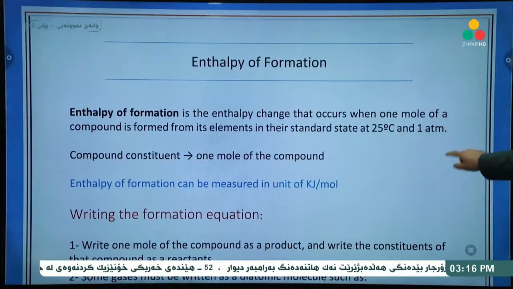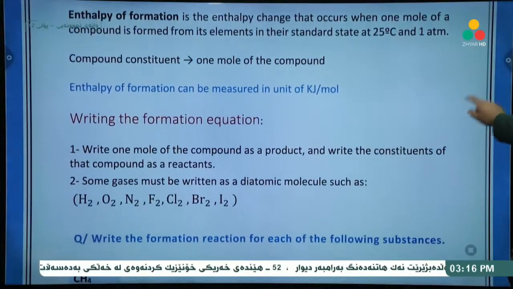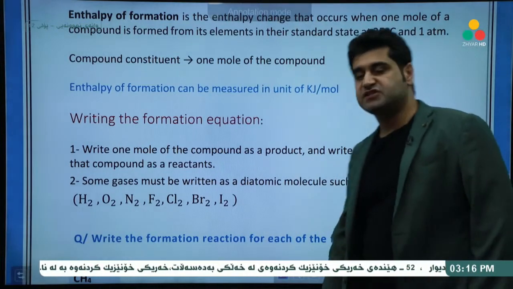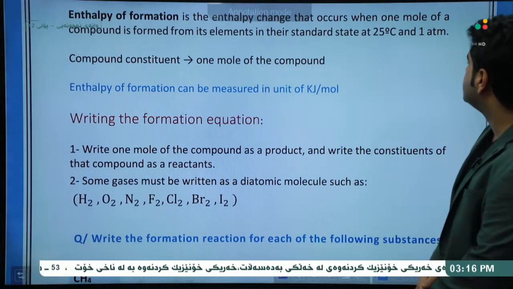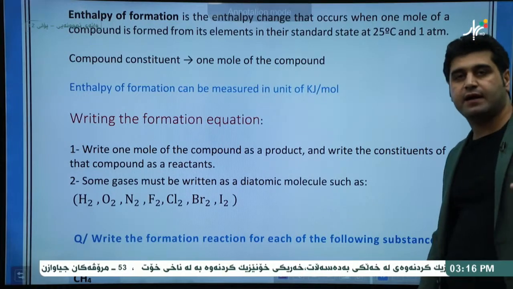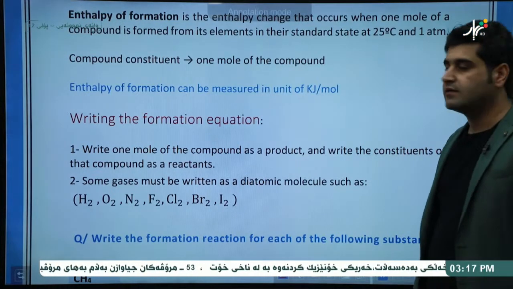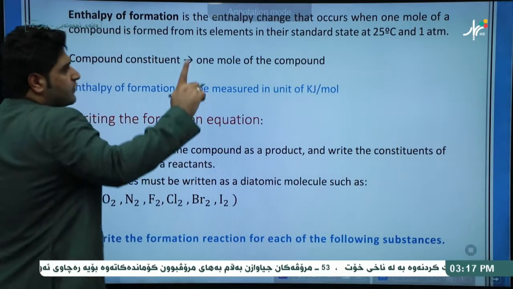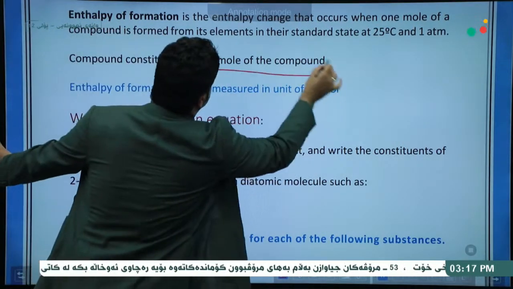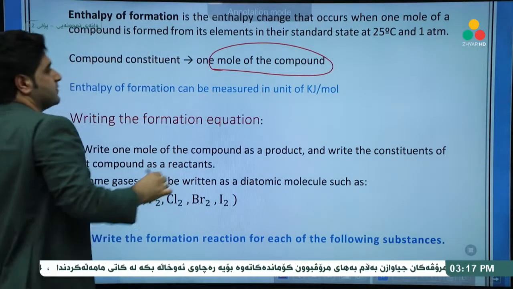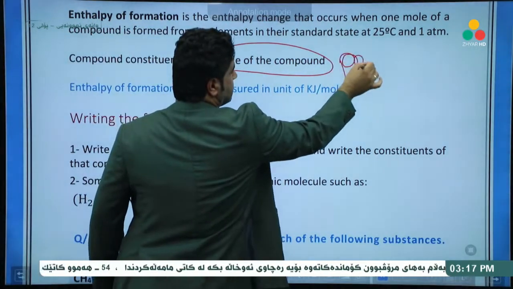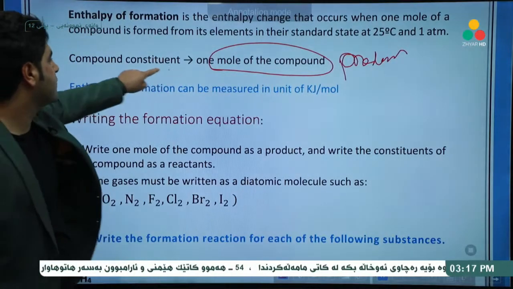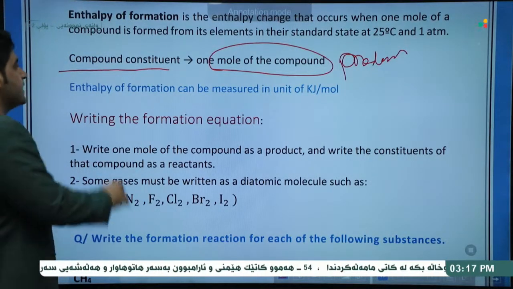Enthalpy of formation, delta HF, is the enthalpy change that occurs when 1 mole of a compound is formed from its elements. Look, 1 mole of compound, we should get 1 mole of the compound in the product. So what about the reactants?